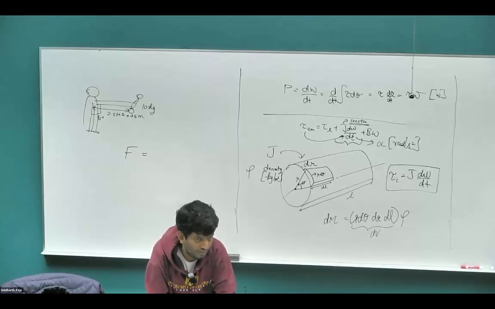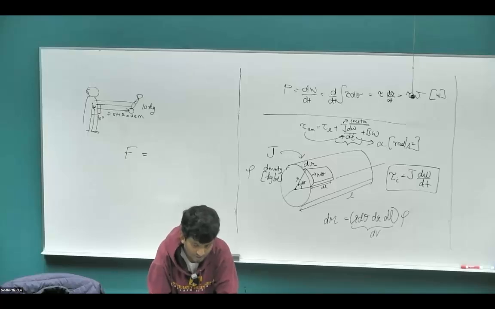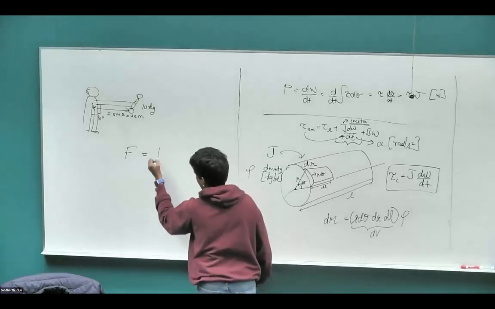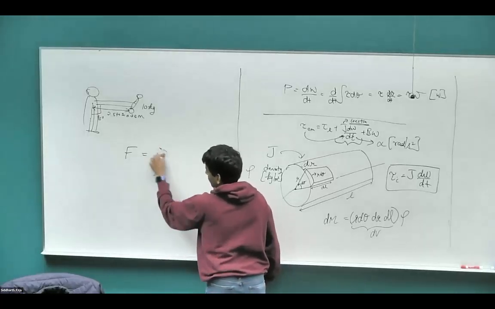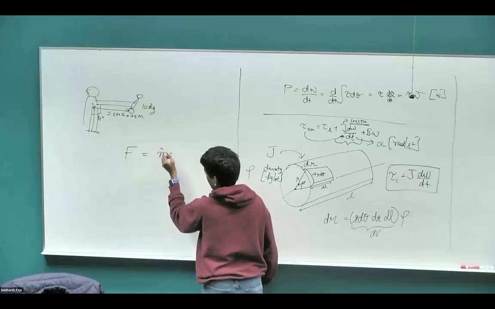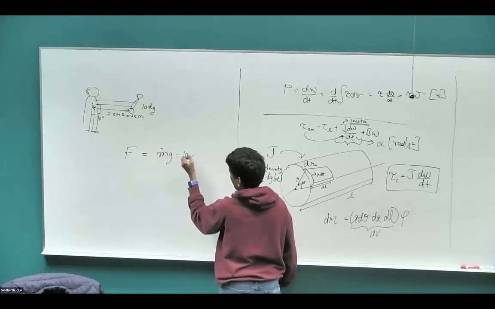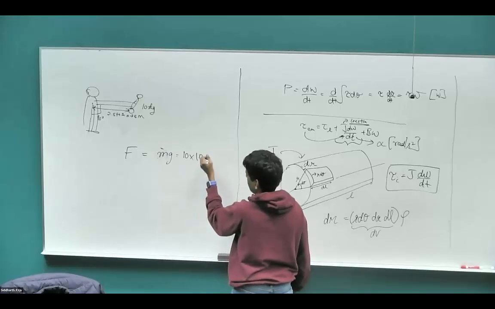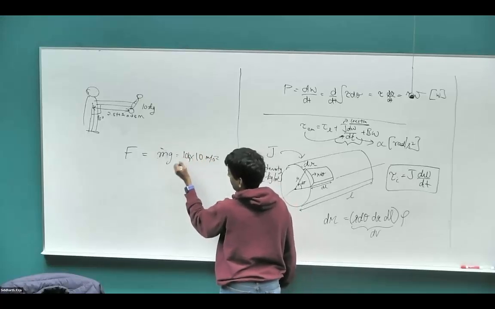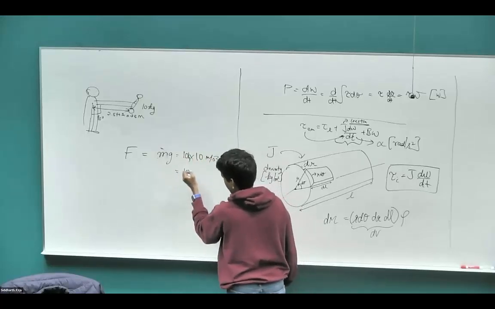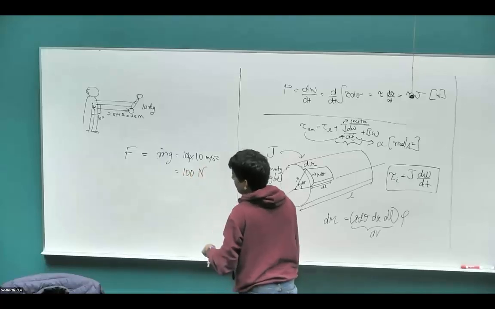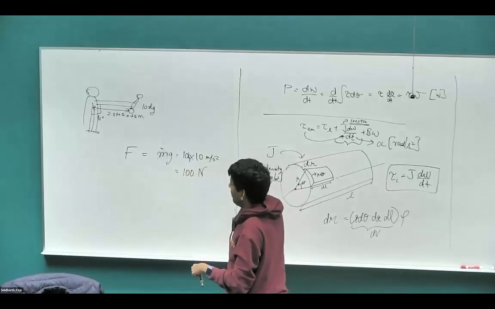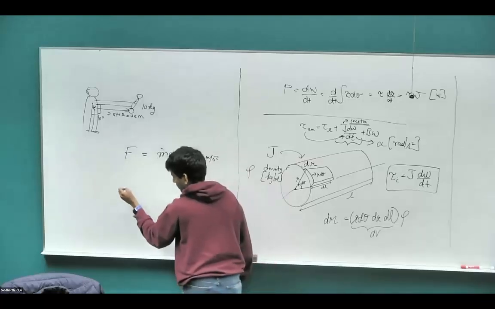What is the only force acting in the system? Gravity. So you're basically working against gravity. Mass times acceleration, which is 10 times, I'm going to assume it's 10 meters per second squared. So we have 100 newtons. Okay.